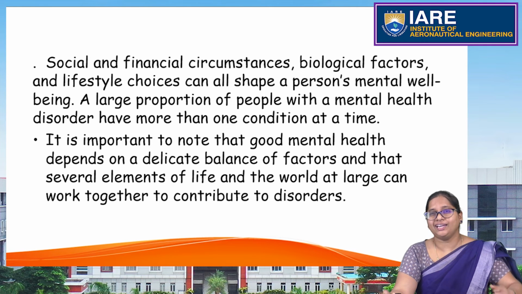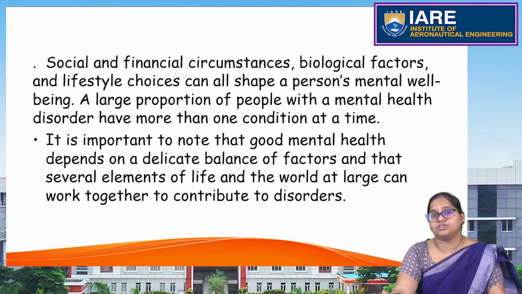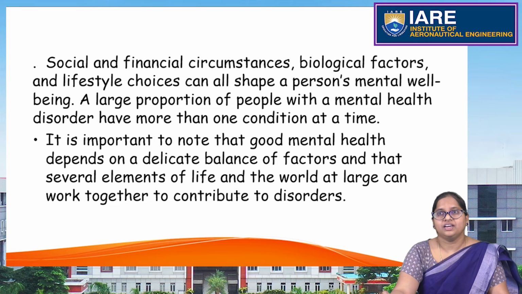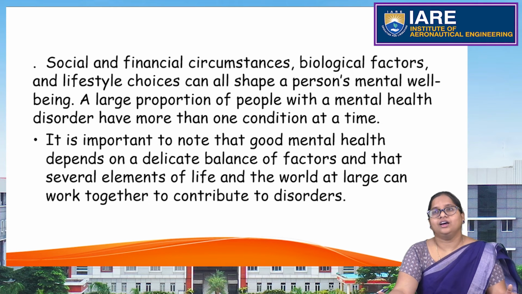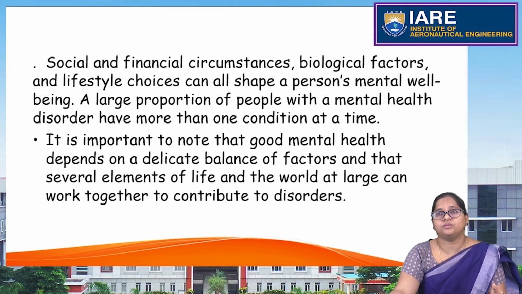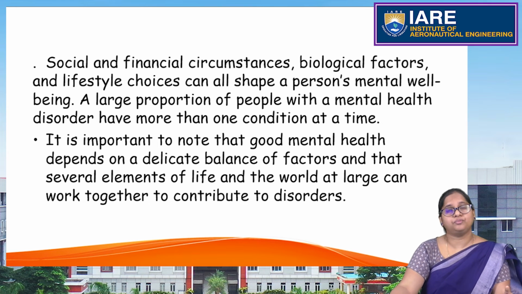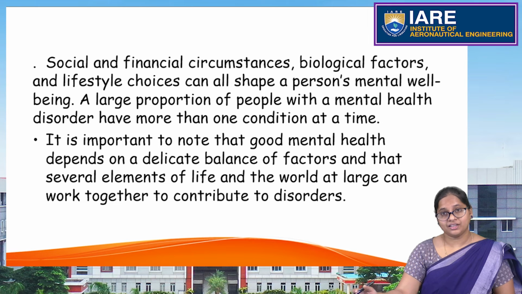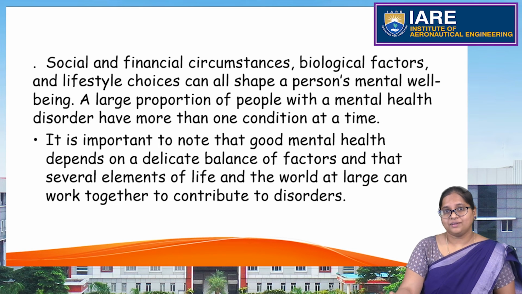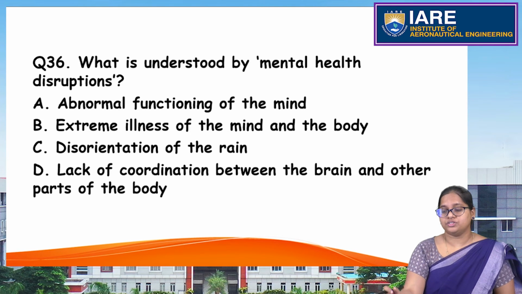Now you can do skimming, focusing only on important points, right? And still it is important to note that mental health depends on how you balance and face problems, and what the causes are, like whether social and financial problems also cause these mental disruptions or mental problems. So all these are part of it, responsible for it.